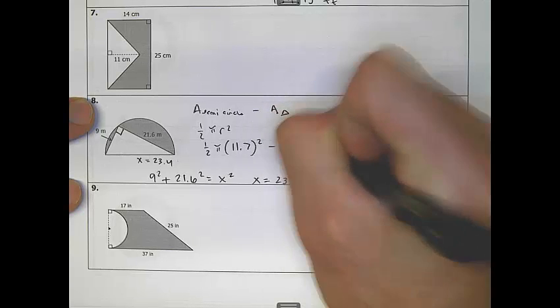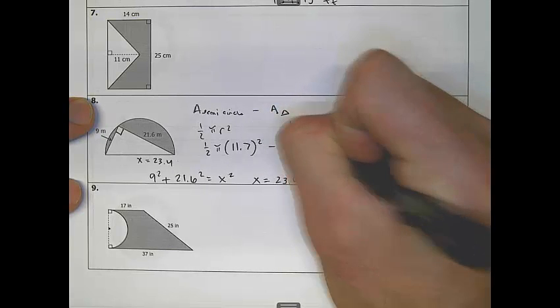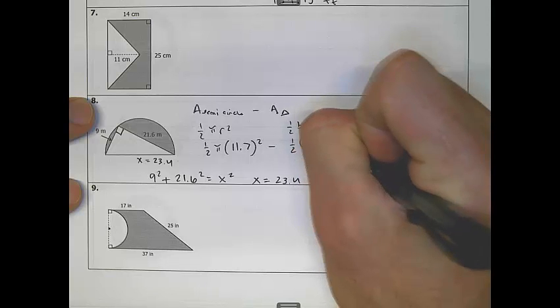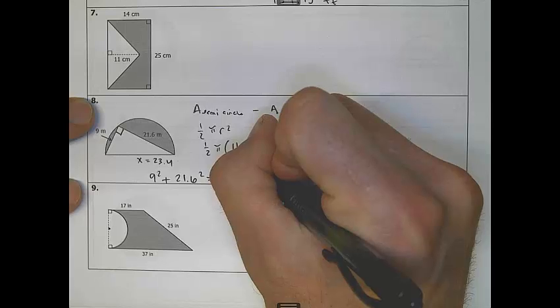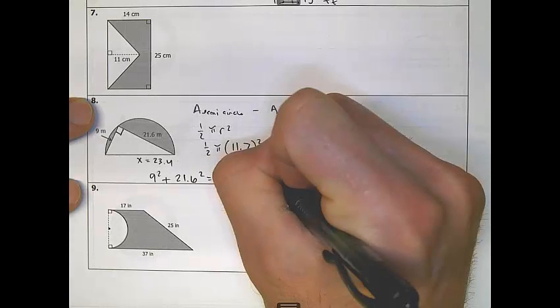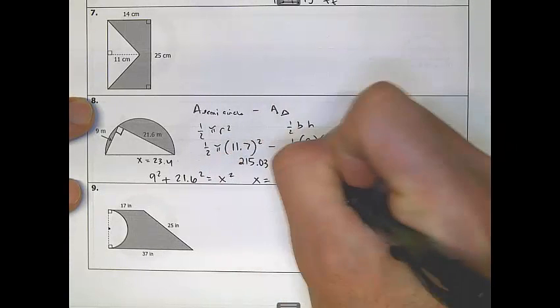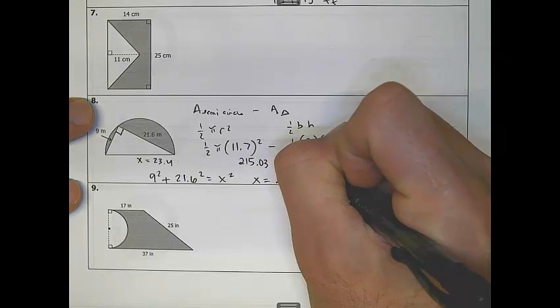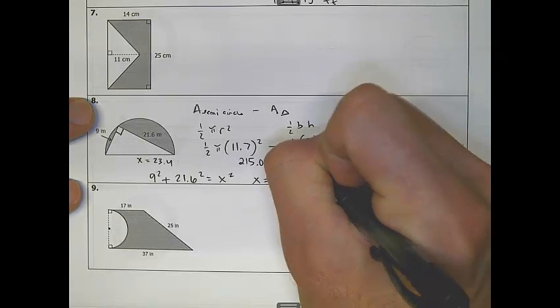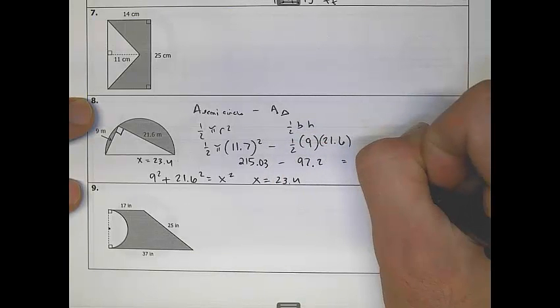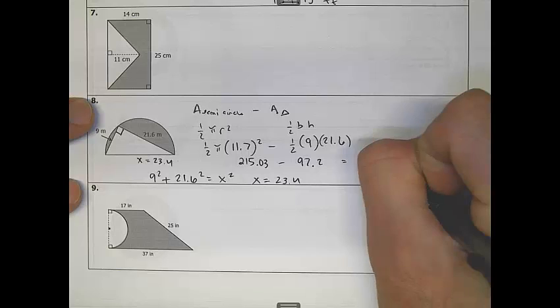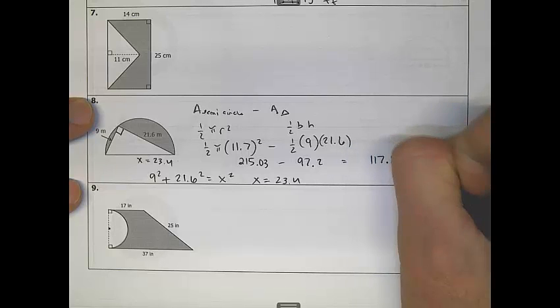So our base is 9, and our height is 21.6. All right, so we get each of these values. This comes out to 215.03, and then this comes out to 97.2. And if we do the total area of subtraction, we get 117.83, and the units would be square meters.